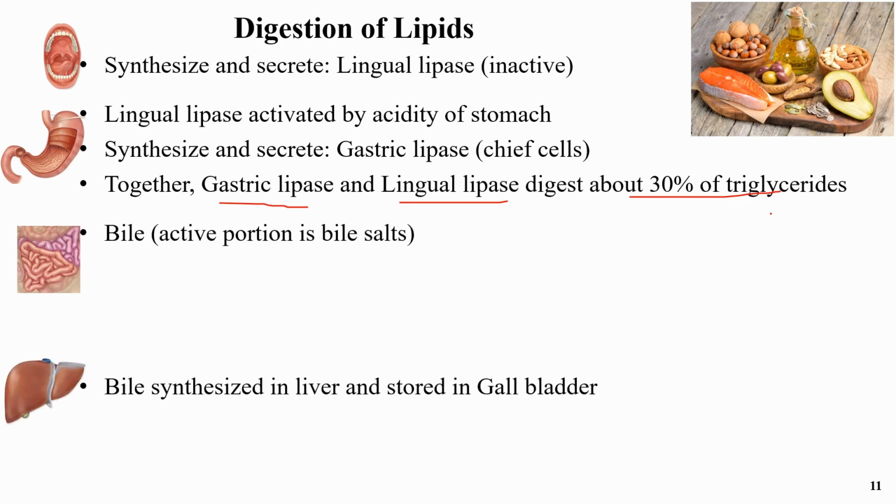And then once the triglycerides get to the small intestines, the bile that is made in the liver but stored in the gallbladder is released, and it meets with the pancreatic juice at the ampulla, actually, and it's called the sphincter of Oddi. But you don't need to know that.